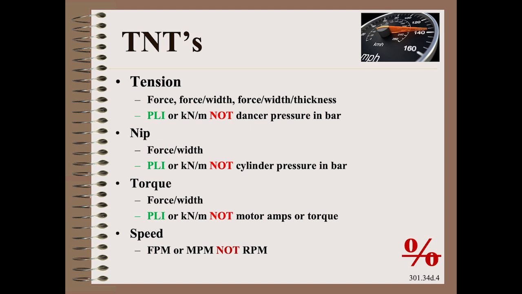Similarly, the proper units for motor torque in the English system is PLI, not motor amps or pound-foot of torque. Finally, as we saw earlier, the proper units for speed are feet per minute, not RPM. And seldom is percent ever the proper units for web machinery.